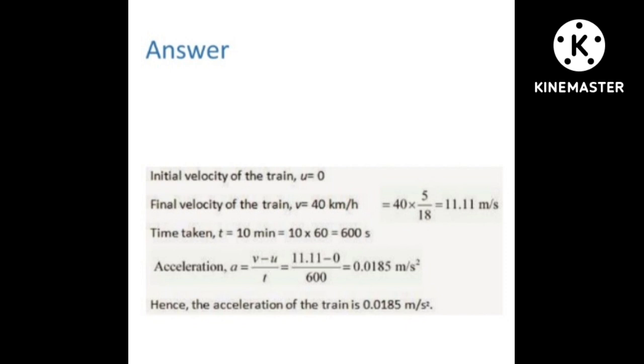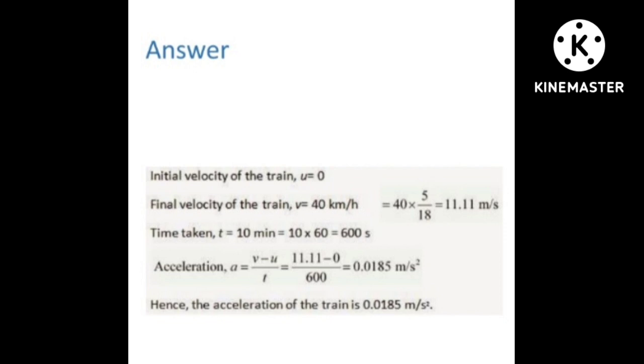Now we can write down the quantities given here. As the train is starting from rest, u = 0 and the final velocity is 40 km per hour. We have to convert this 40 km per hour into meter per second. We know that to convert kilometer per hour into meter per second, we multiply by 5 by 18.